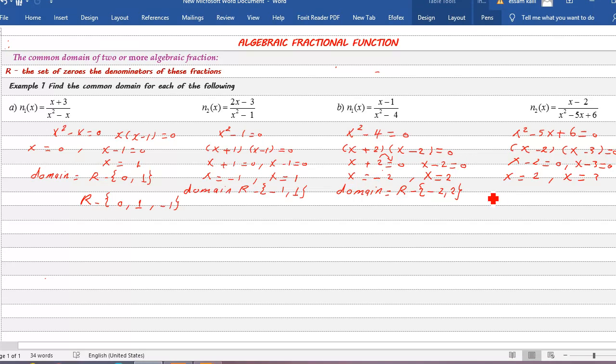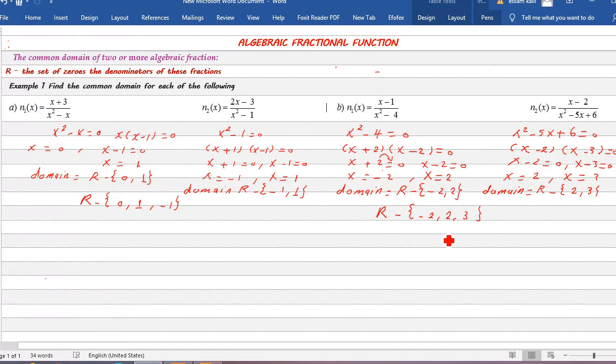Then the domain equals R different 2 and 3. The common domain equals R different, writing the domain of the first, -2, and writing the domain of the second, 2, and taking 3.